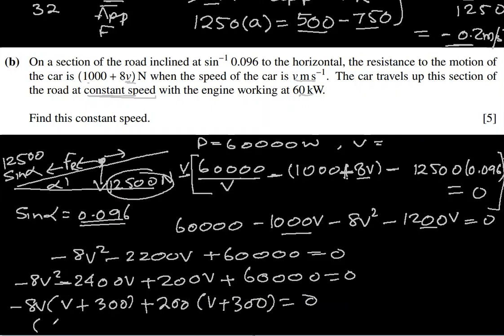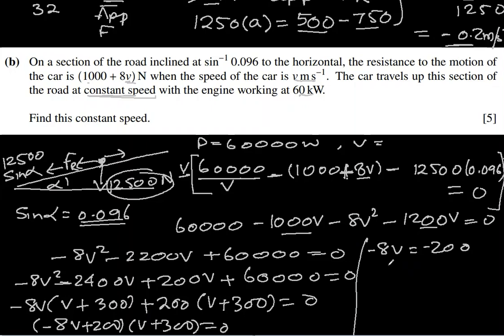So we get two factors: minus 8v plus 200 and v plus 300 equal to 0. From this, we get minus 8v equal to minus 200. So v will be minus 200 divided by minus 8, which is 25 meters per second.